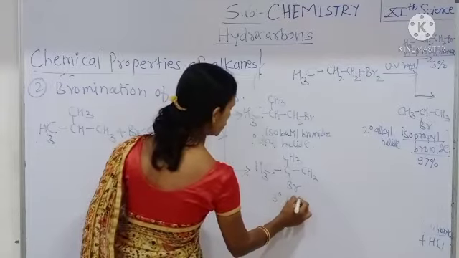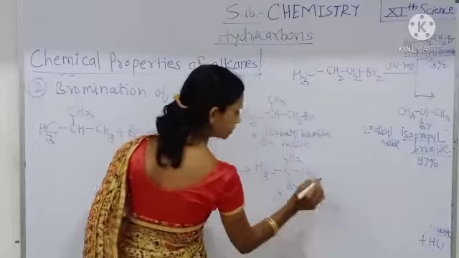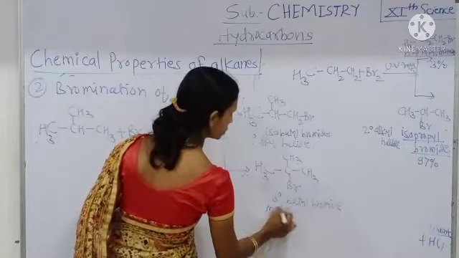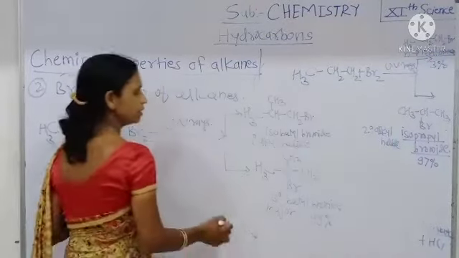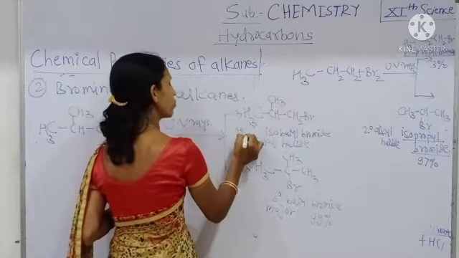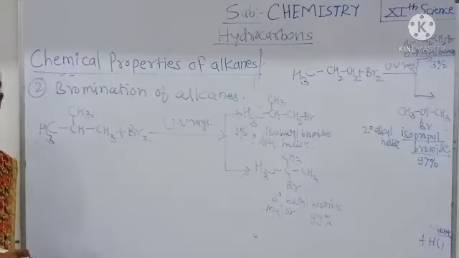The tertiary butyl bromide obtained here is the major product, 99% formed, while the primary alkyl halide is only 1% formed.